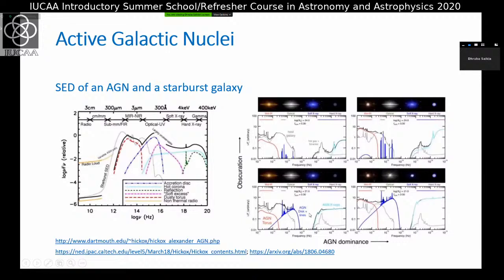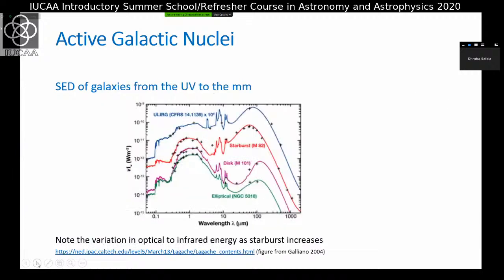So you can also look at changes in spectral shape depending on obscuration and the dominance of the active galactic nucleus. The kind of photons which we see in an AGN extend to higher energies. I thought I would show you one more slide before continuing with today's presentation.